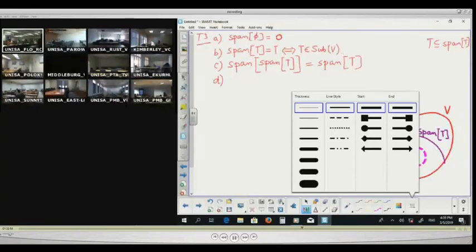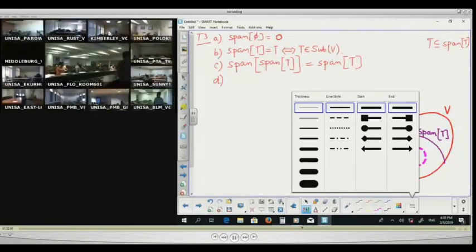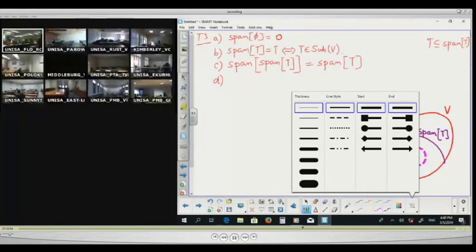When you put T there, it's going to be the same span T.